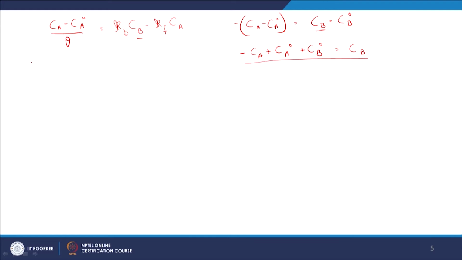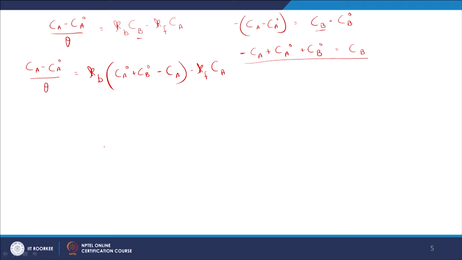So, again we substitute that here, Ca minus Ca naught by theta is equal to the rate constant of the backward reaction times this particular term, and what is that? Ca naught plus Cb naught minus Ca, right, minus the rate constant of the forward reaction times the concentration of A in the reactor, right.